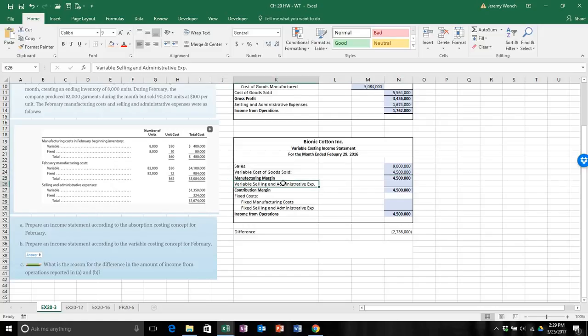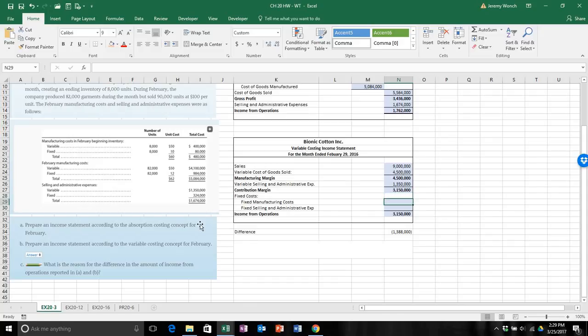Now, instead of calculating gross profit, we're going to calculate our contribution margin, which is just sales minus variable cost. Instead of putting SG&A down here, we move the variable portion up to get our contribution margin, and that is given at 1.350 million. So now we have a contribution margin of 3.15 million.